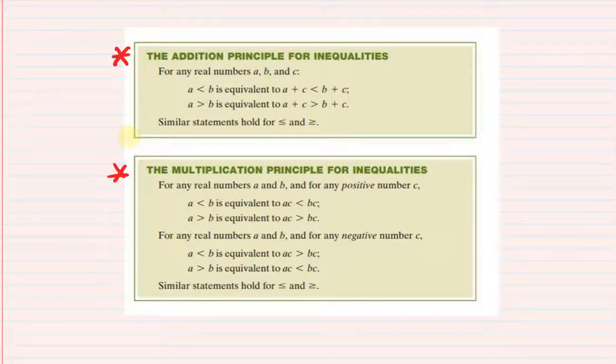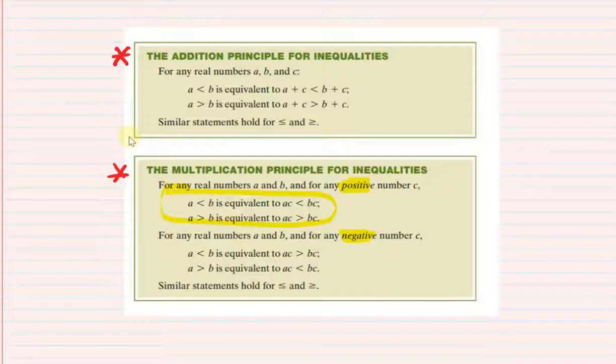Now, it is important that we identify the number that we are multiplying or dividing by as positive or negative. If the number is positive, then when you multiply or divide both sides of the inequality, the direction of inequality is not going to change. We'll see examples of these in a moment.